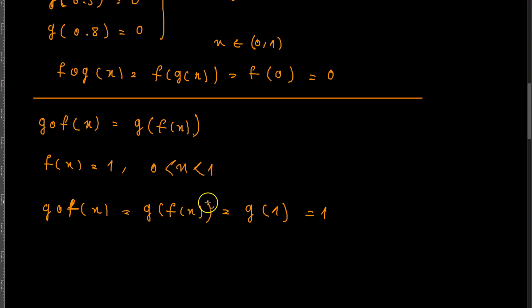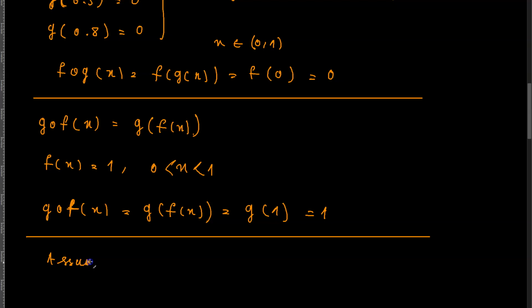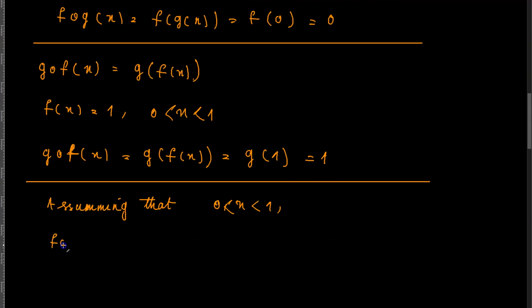So assuming that x is some value between 0 and 1, then FOG of x is equal to 0, and GOF of x is equal to 1.